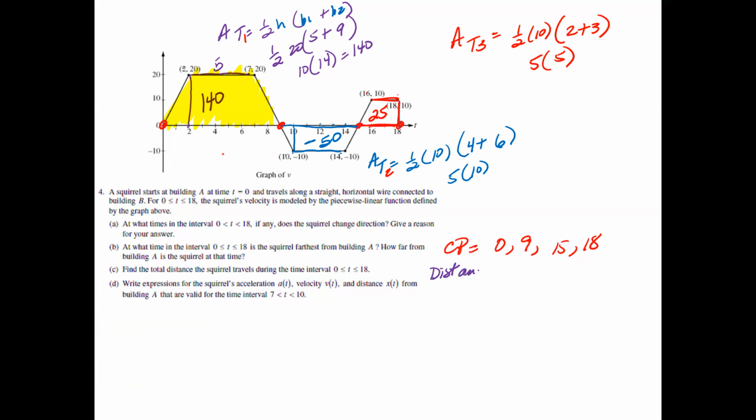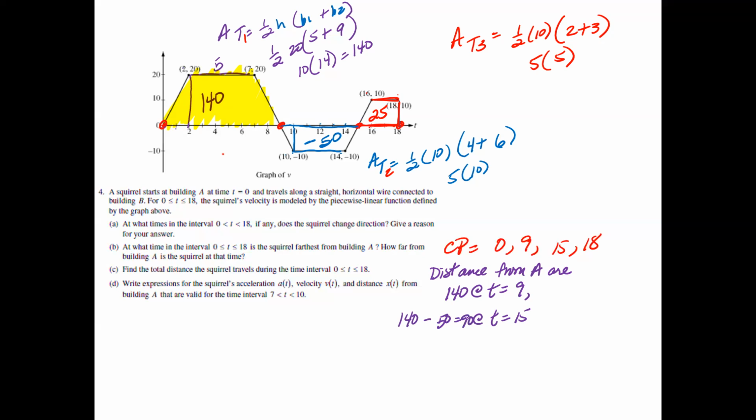So now that you have the area of those shapes, you can say something to the effect of the distance from A is 140 at t equals 9. And then it is going to be, at t equals 15, from 0 to 15, 140 minus 50.